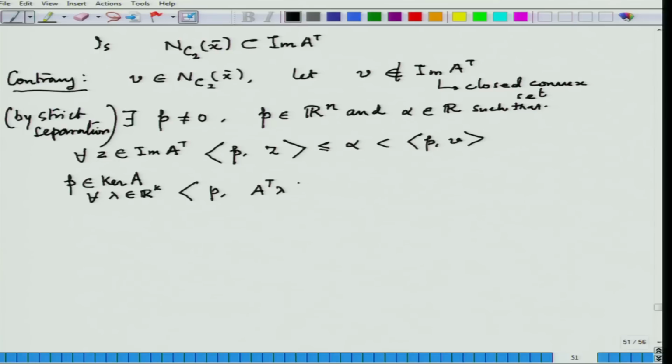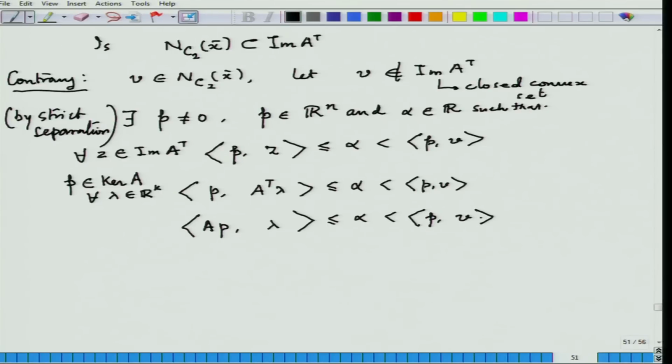So, this would be satisfied for all lambda in R k. Now, how do I claim that P is in kernel of A?